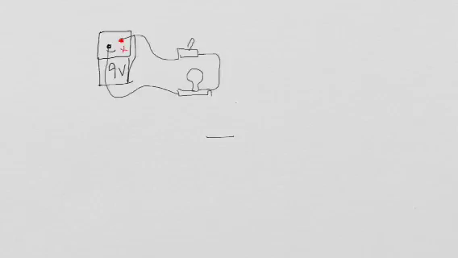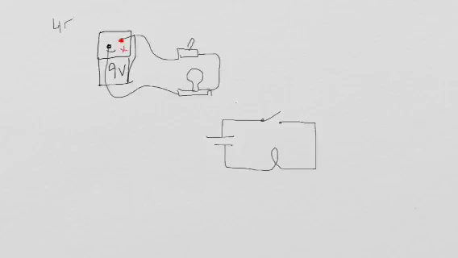We've got our power source, and then our image for a switch is like so, coming down to our actual resistor, which is a light bulb, and then going back to the power supply.